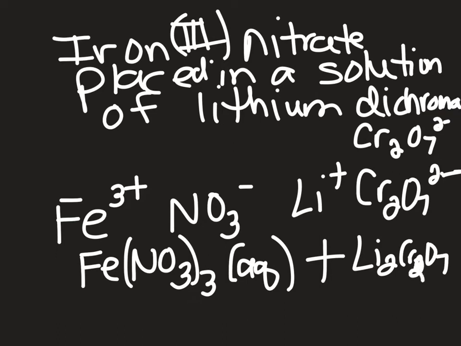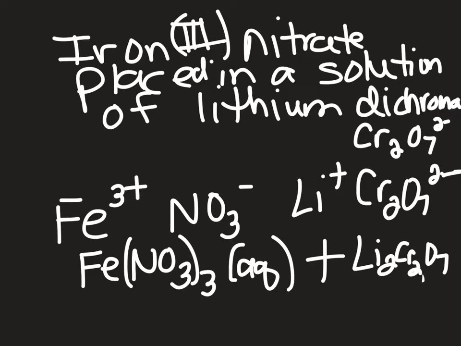Li2Cr2O7. That 2 is kind of hard to tell, so I'm going to try to rewrite him again. Same thing. We could go through all the ways that we got that: the least common multiple, drop and switch, drawing the picture.